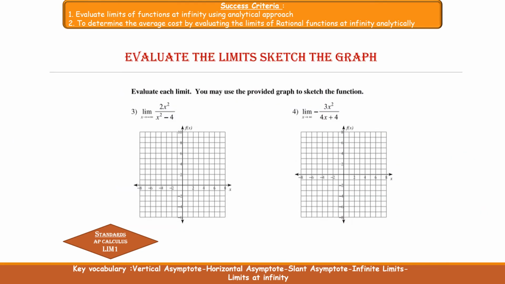Evaluate the limit and sketch the graph. First of all, evaluate the limits and sketch the graph. So let's sketch the graph. Go to the graphic calculator. On the graphic calculator, press menu, then graph, and then y equals, and write only this equation: 2x squared over x squared minus 4.